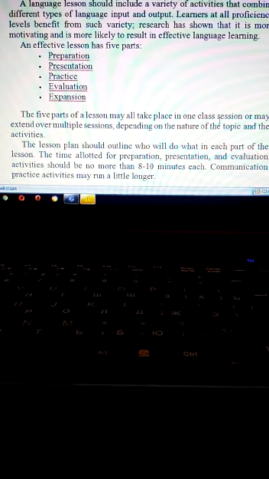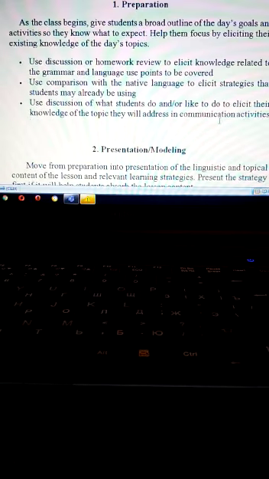The time allotted for preparation, presentation, and evaluation activities should be no more than 8 or 10 minutes each. But communication practice activities may run a little longer. So let's begin with the first part of the lesson, the preparation part.